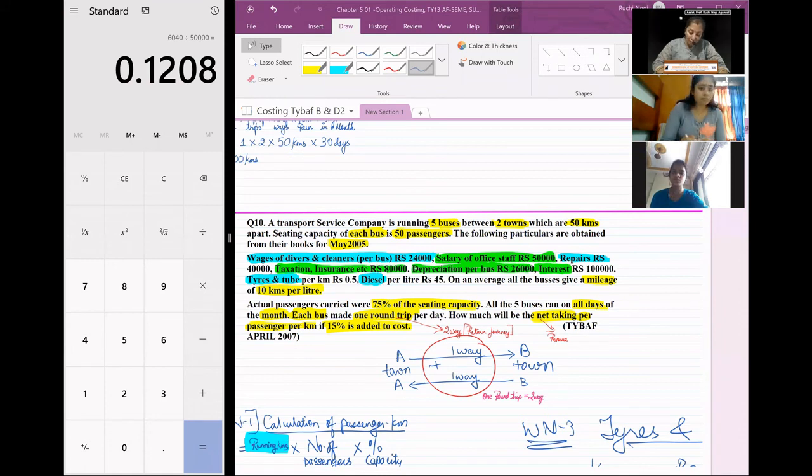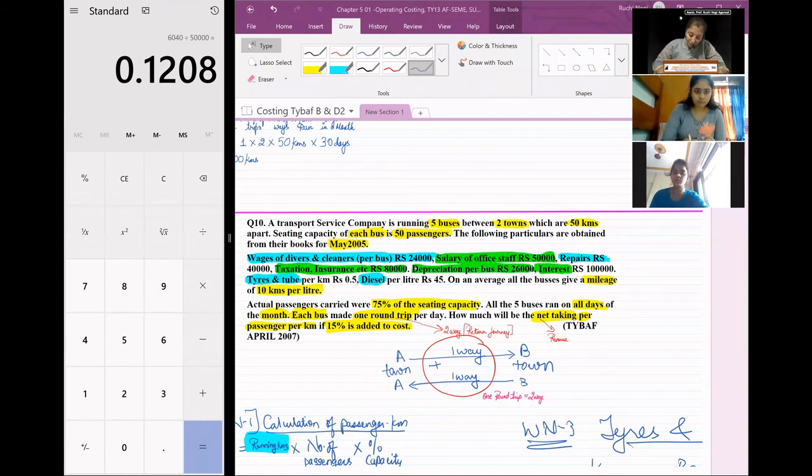And students remember this 50,000 is for 5 buses because the information is for 5 buses. In the upper heading it says the company is running 5 buses. It indicates the information is of 5 buses. But in case of wages, they have highlighted it. This 24,000 is not for 5 buses, but it is only for 1 bus. I hope you'll remember why this information is given, so that accordingly we can divide by 5.